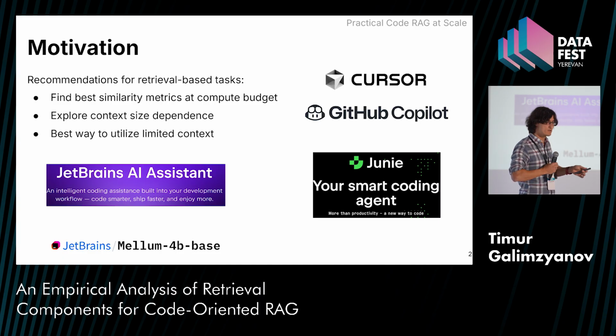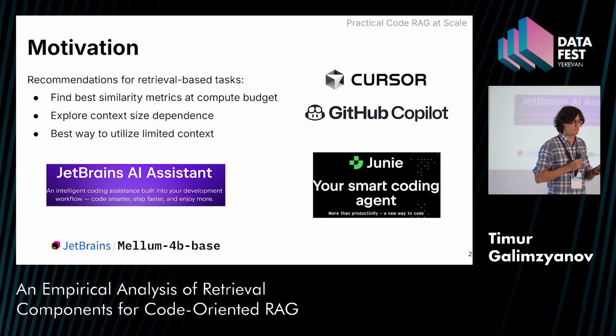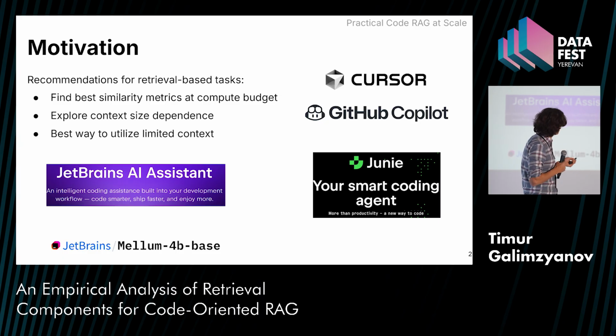So this work started when our production team asked us to investigate the best ways to input the context about your repository, so your code assistant or code completion could better understand what you really want. Following this goal, we tried to find the best similarity metrics between the query, your question or completion, and the answer or completion.